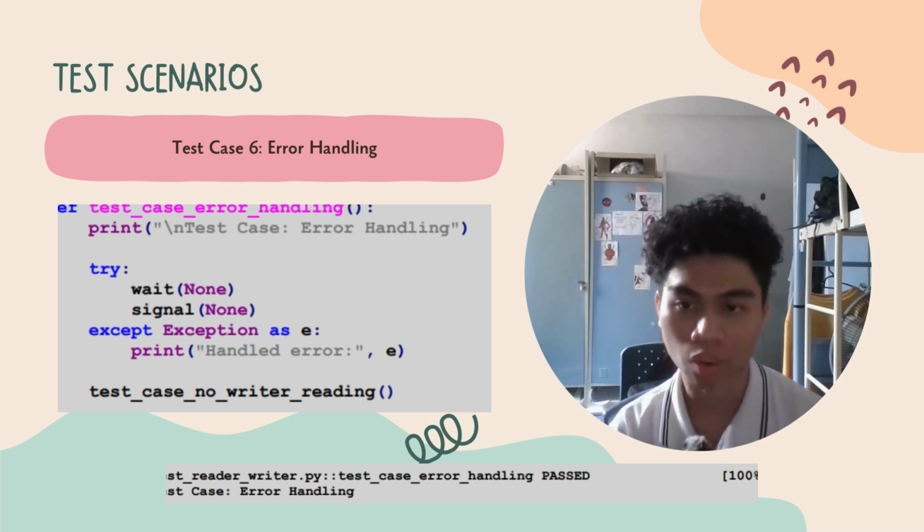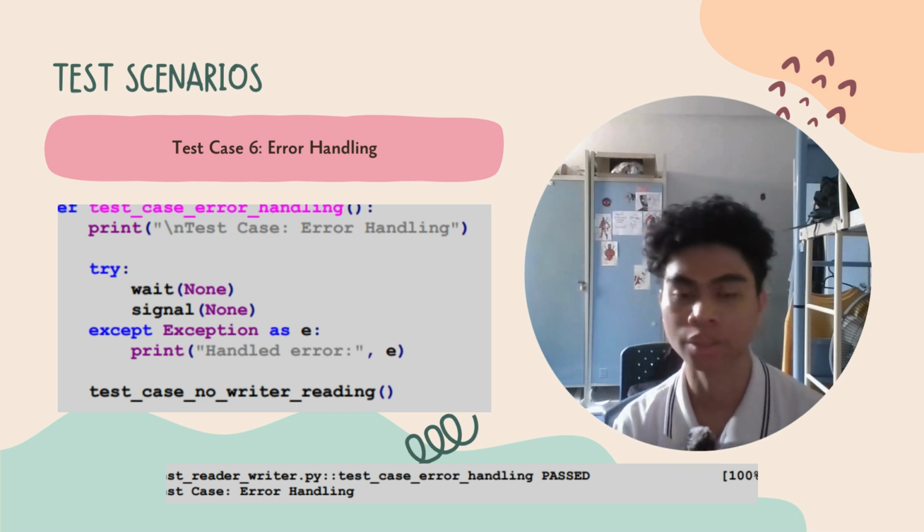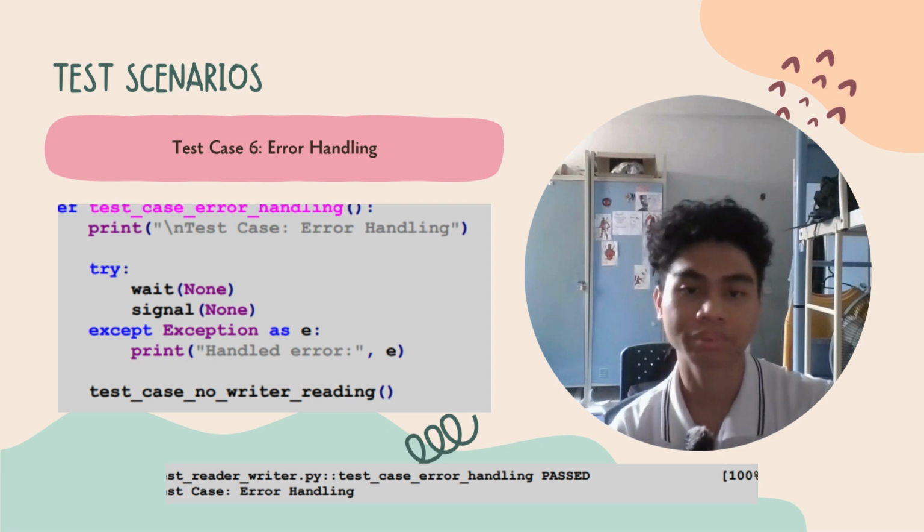If an exception occurs, it is caught in the except block, and the error message is printed using print and the error.